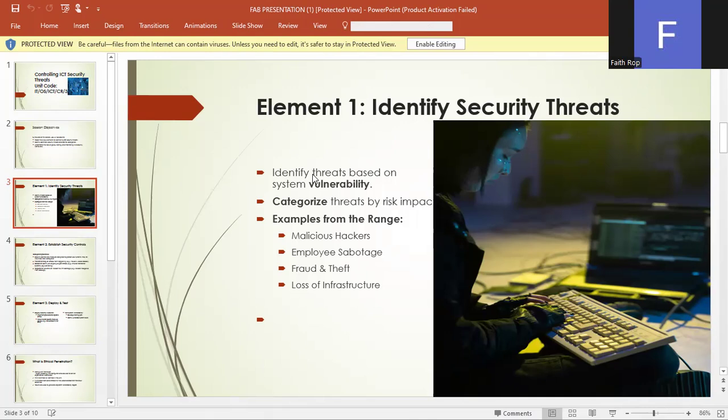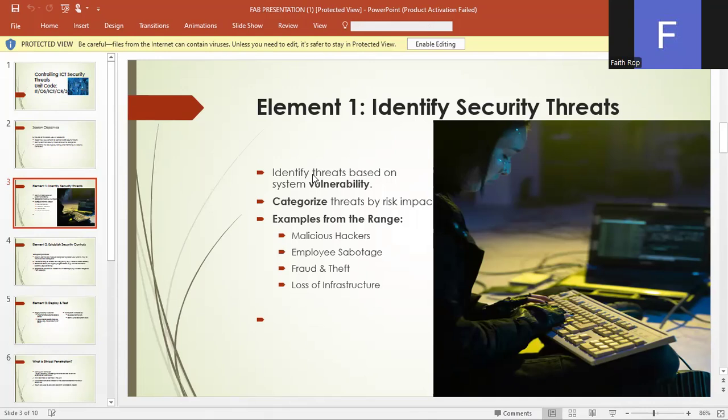So my question is, who is a malicious hacker? Yes, a malicious hacker is someone who accesses someone's information or technical property and destroys it or introduces something that brings damage. Yeah, it is basically an outsider.